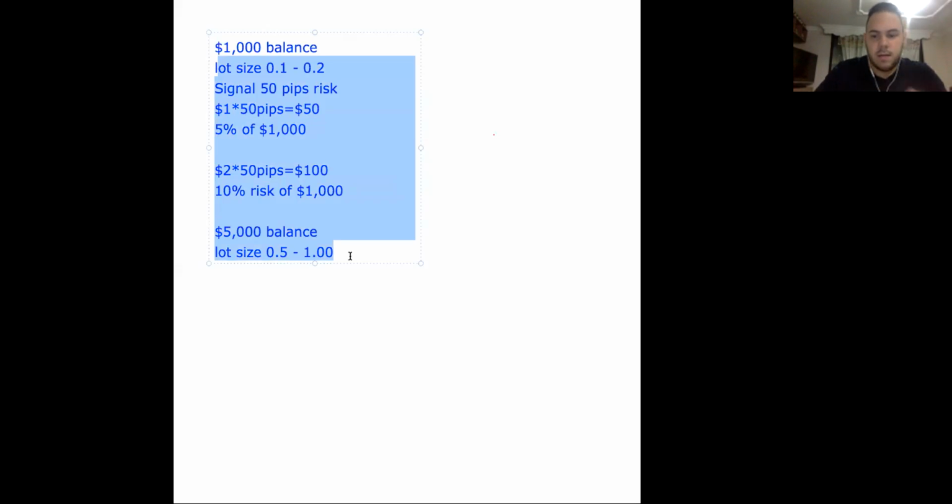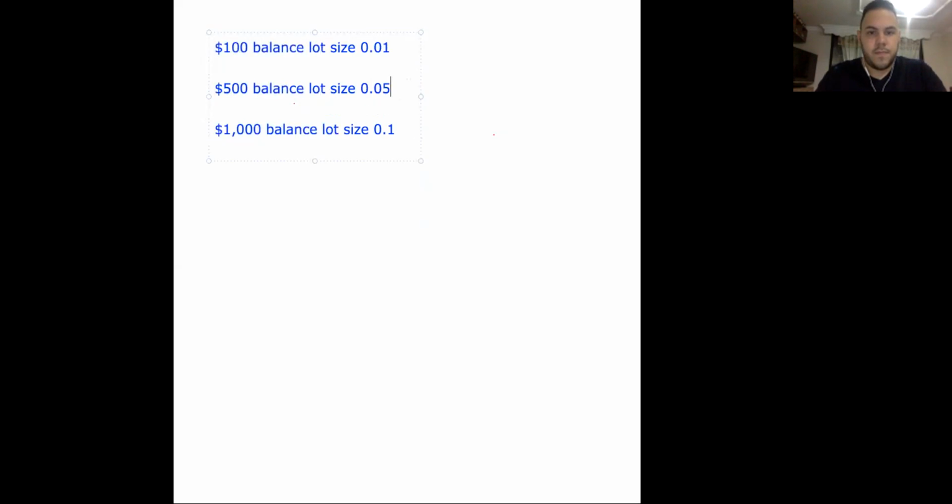So let me delete all this and just put $1,000, and then I use a lot size of 0.1. Let me start like this. If you have a $100 balance, then you have a lot size of 0.01. If you have a $500 account, a lot size of 0.05.